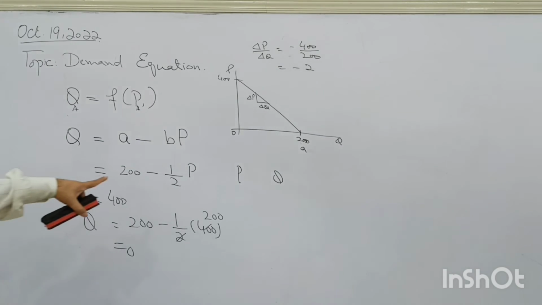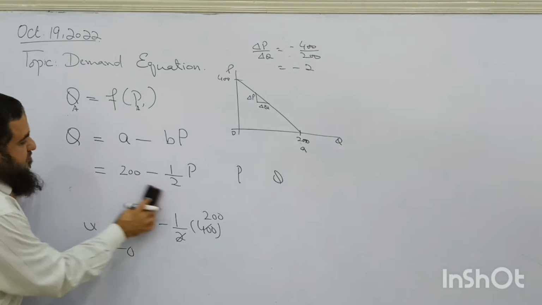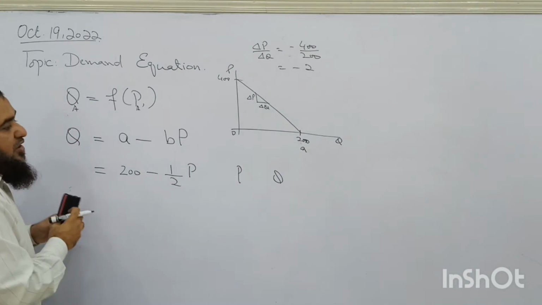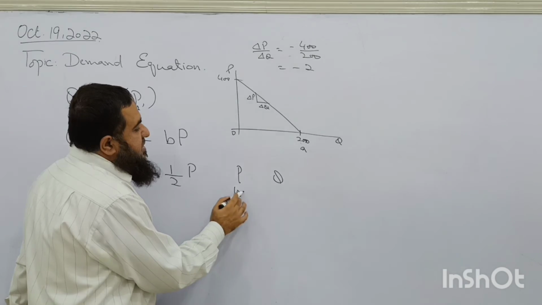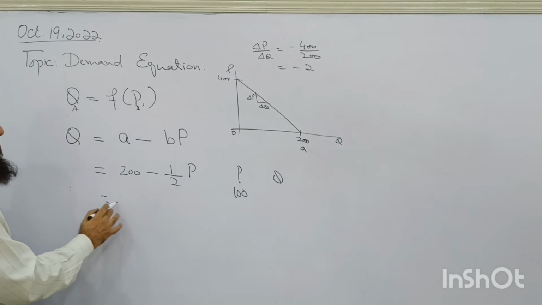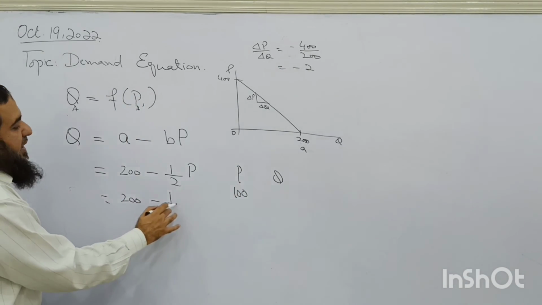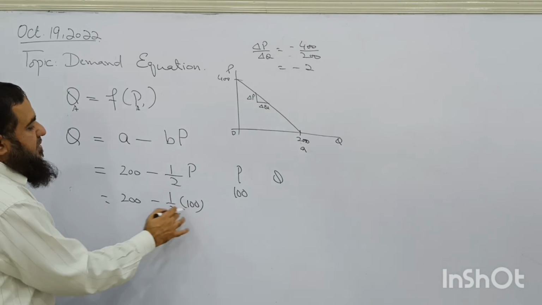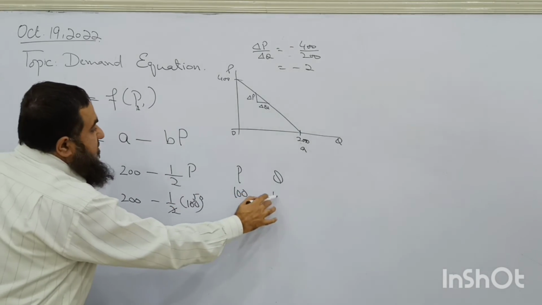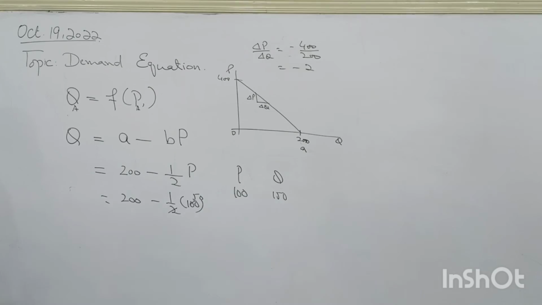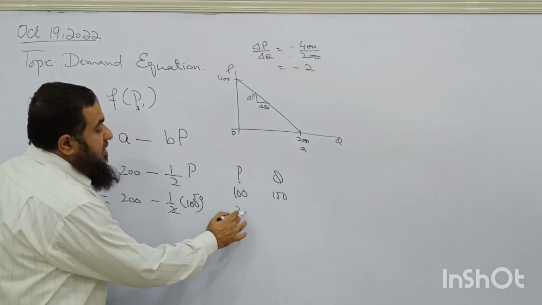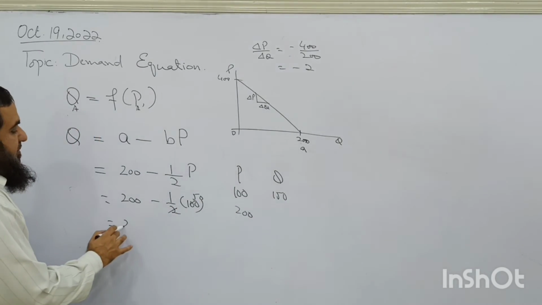Now, I have written over here a half. Look here, when price is 100, how much is quantity demanded? 200 minus 1 by 2 into 100. This is 150. And when price is 200, how many units will be demanded?